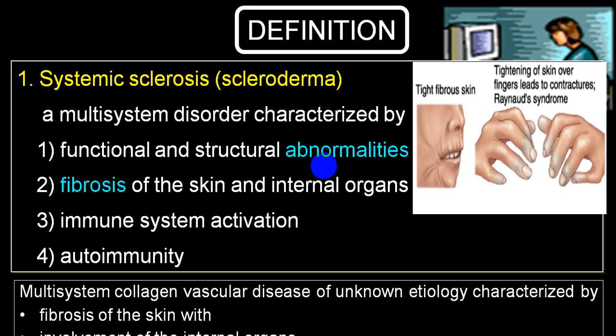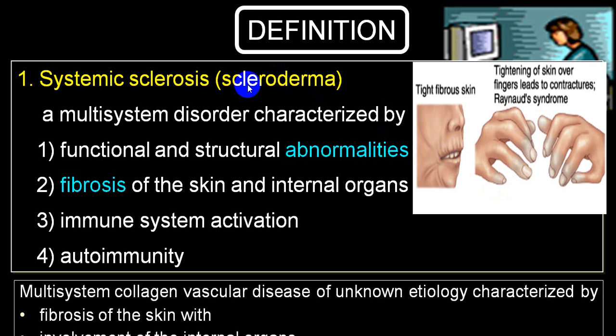And there are two classical things which are very common. One, tight fibrous skin, very commonly affecting the face, and it is associated with involvement of the finger skin, that is tightening of the skin over the fingers, which leads to contractures and very frequently Raynaud's syndrome. We had one patient who came with Raynaud's syndrome and facial skin involvement.